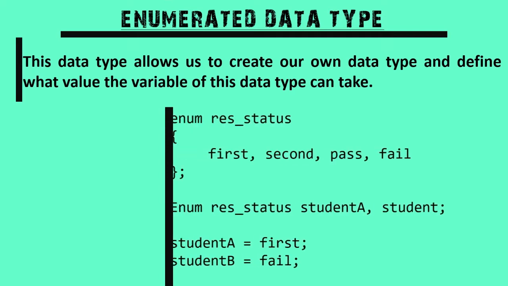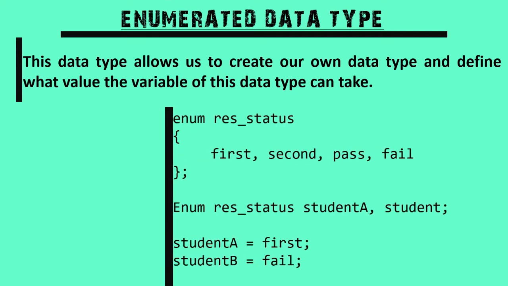Here, the format of the enum definition is similar to that of a structure. The keyword is enum, which relates to enumerated. I have the result status as res status, and I choose the values first, second, pass and fail.